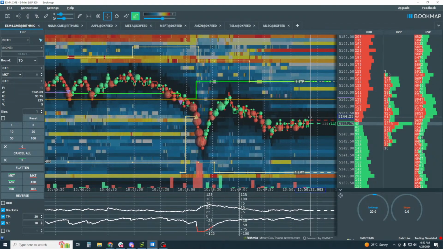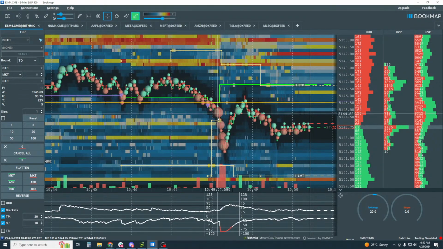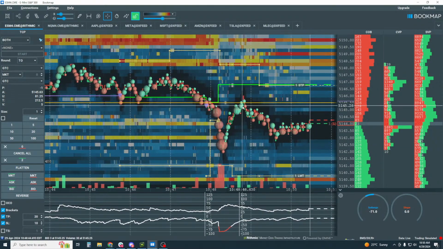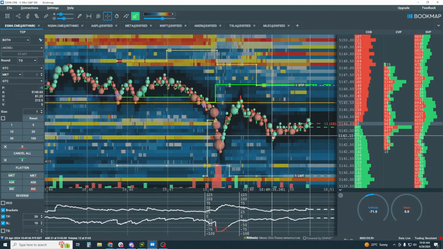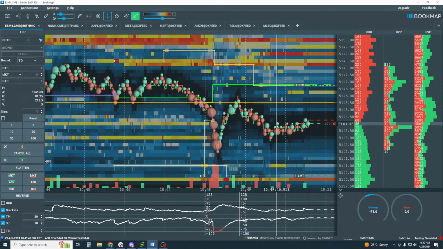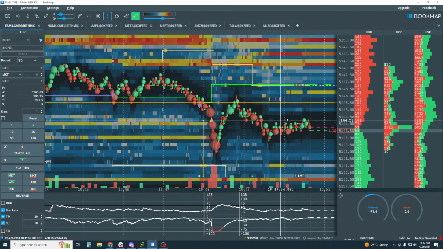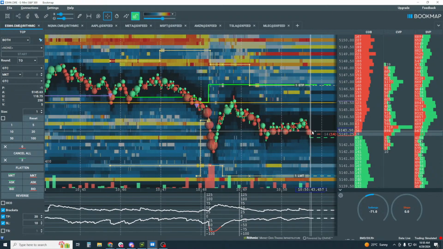Okay, so now let's see here what's going on. Right, so this is where the sellers came in. We've already retested in here and didn't get enough buyers. We found sellers come back down. Now, how many sellers did we find down here? Not a whole lot, right? So we really need to see these sellers come in, and they're starting to.